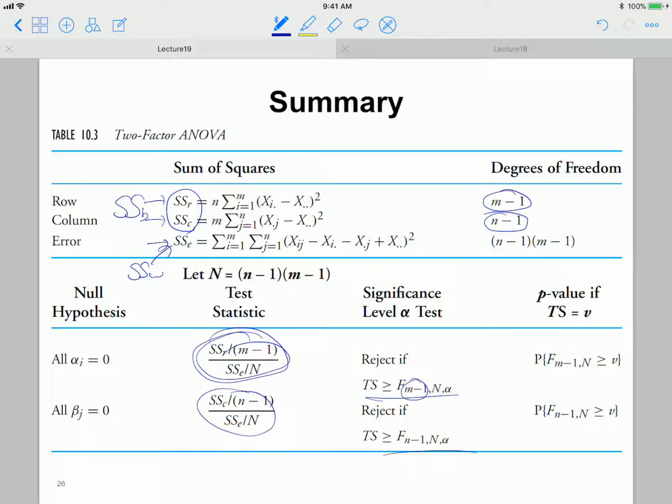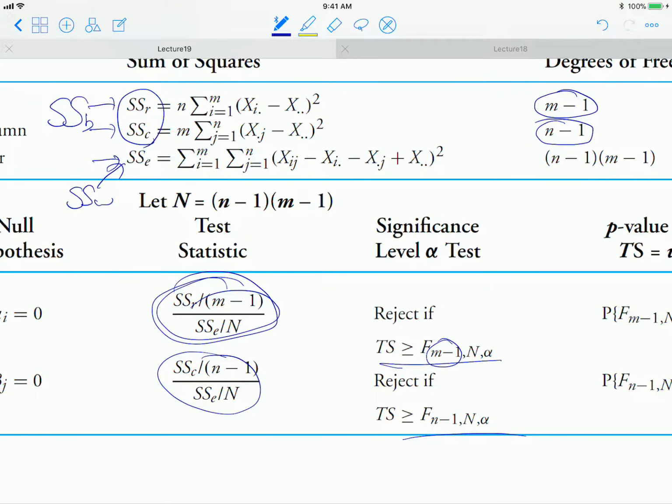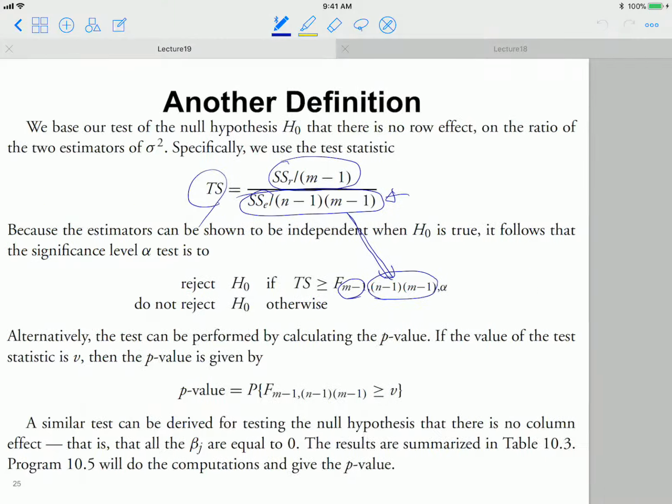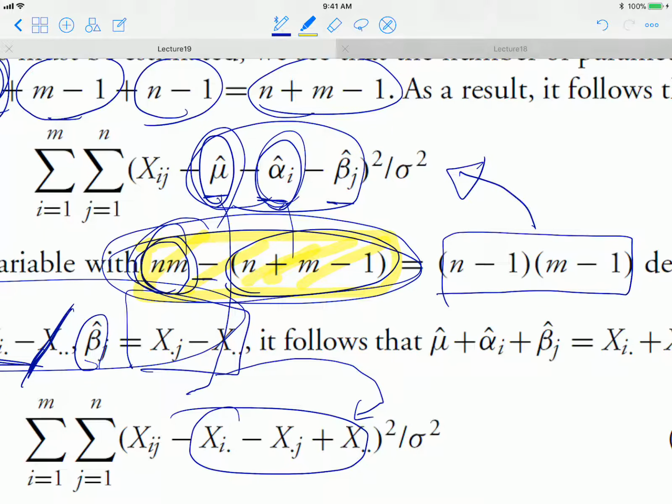Yeah, there is one notation introduced here. So what was the degree of freedom of this SS of E? So this one was, yeah, again, this guy, right? So this guy is probably one of the most important parts in today's class, right?